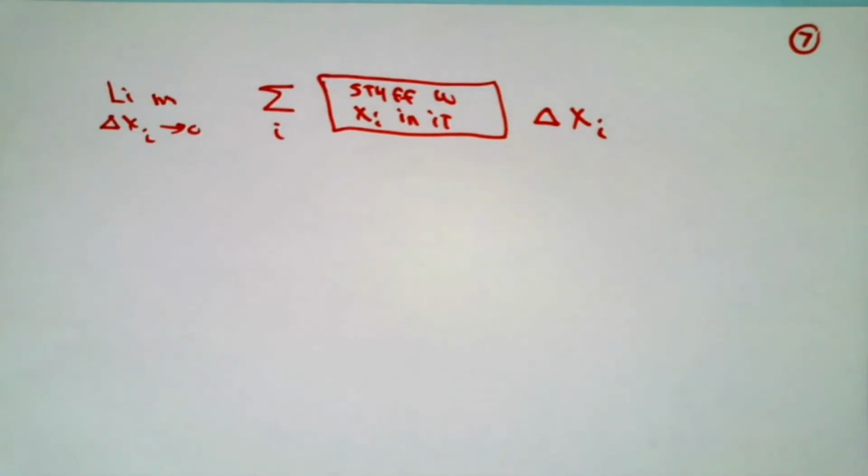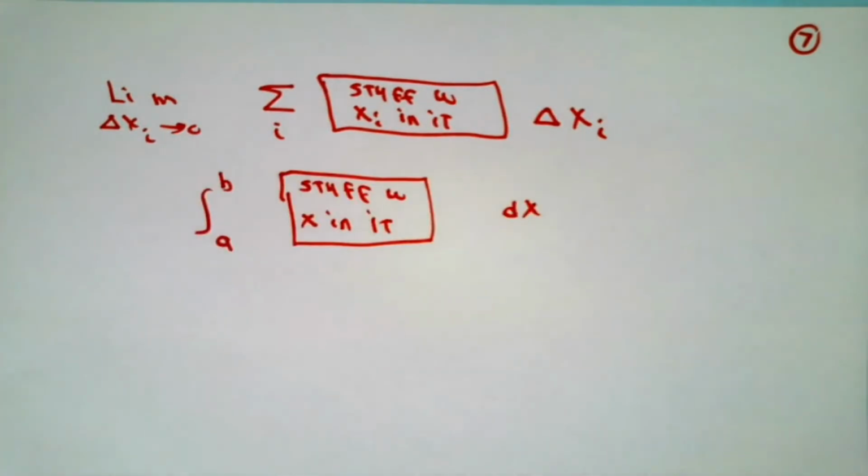I'm going to do the same thing either way. The limit of the sum turns into an integral sign. The delta xi's turn into dx, and no matter what the stuff that had x number i in it was, I write down that same stuff, except instead of using the representative x value, I just say the name of the variable x in this case.